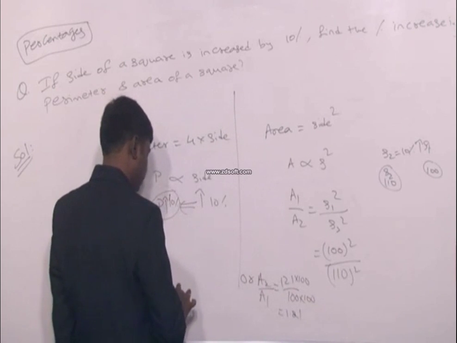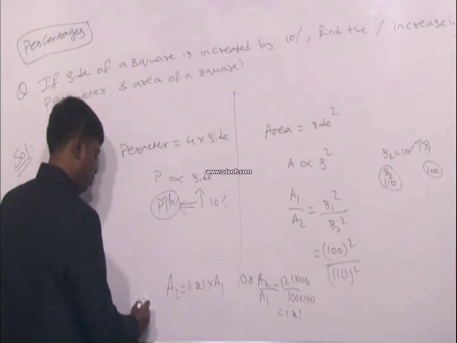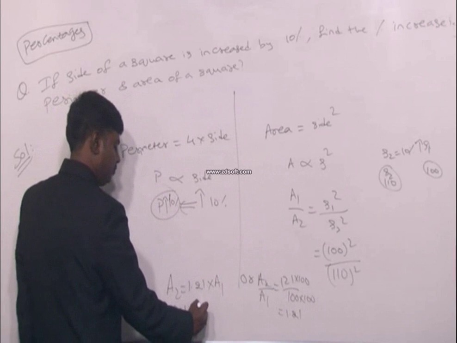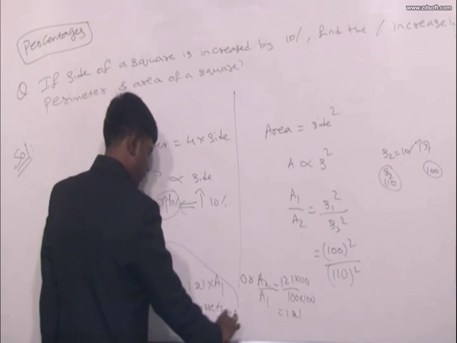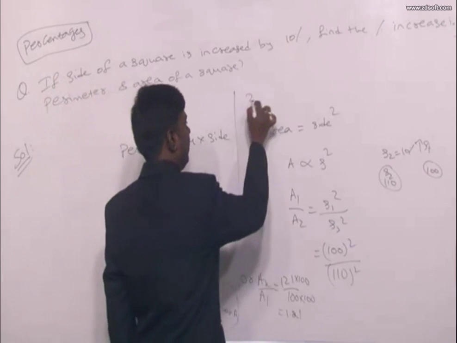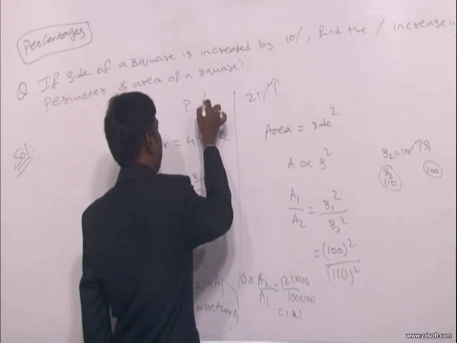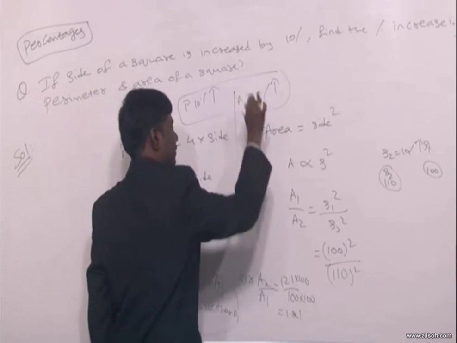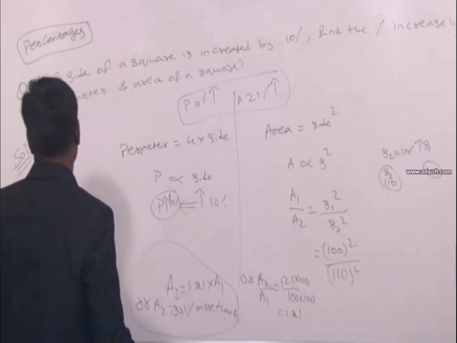So A2 is 1.21 times A1, or A2 is 21% more than A1. So area increases by 21%, whereas perimeter will increase by the same amount, 10%. Right? Let us try a similar problem.